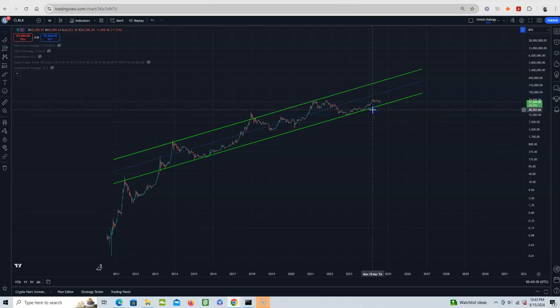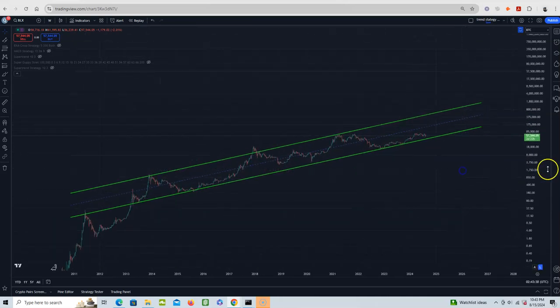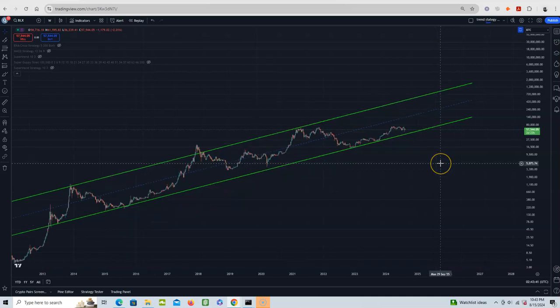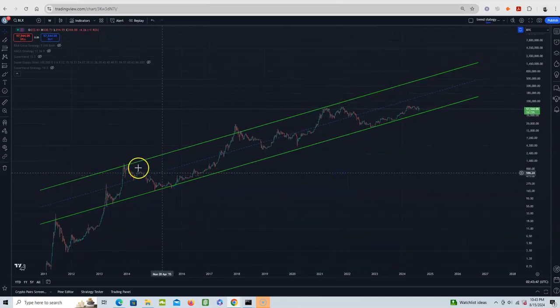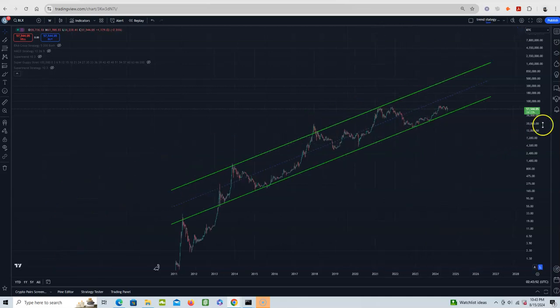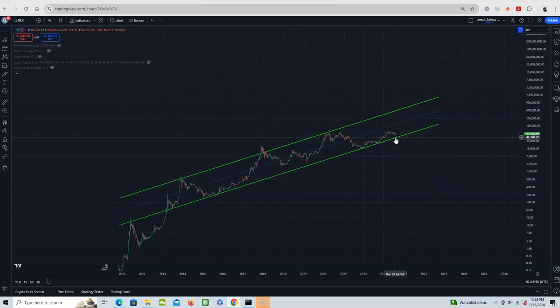Sometimes when you do wave theory, you need trend context. That's why I like to zoom out and look at the macro trend. It gives a lot of trend context and most likely reality where things will go. If you look carefully, not only has this trend held since inception, and not only have the tops and the bottoms been carved out, it looks like we haven't even broken out of the trend line.